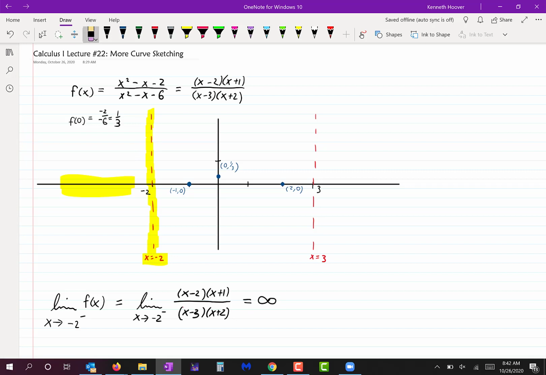All right, now let's do the right side of the same asymptote. Do the limit of f of x as x approaches -2 from the right. Most of this stuff is not going to change. It's still going to be infinite for the same reasons. I'll run through it again with you.